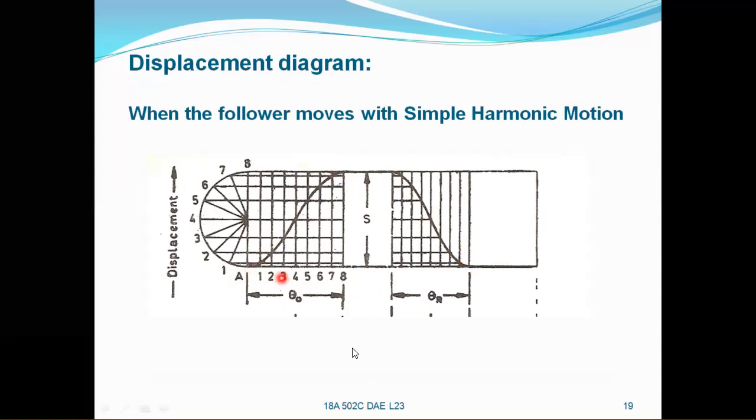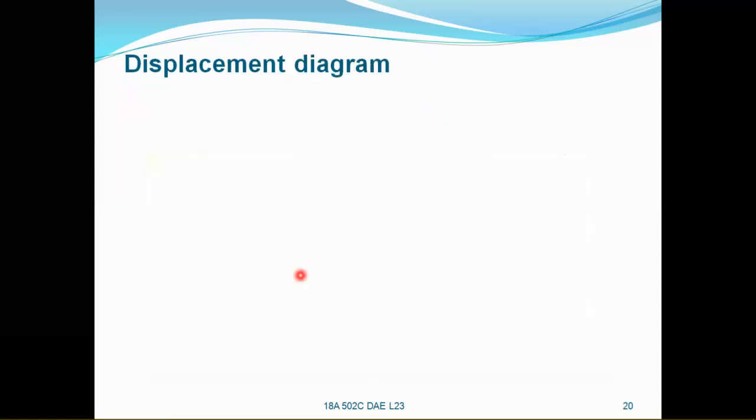So this is the procedure for drawing a displacement diagram when the follower moves with simple harmonic motion, right?